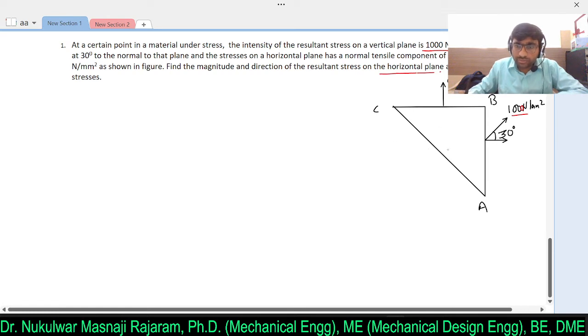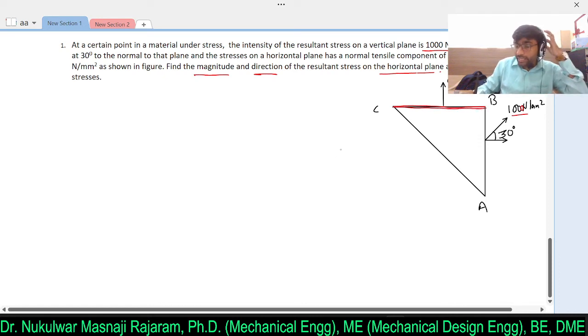Now here if you observe, two planes are given. CB is horizontal and AB is the vertical plane. So what are they asking? They are asking about the magnitude and direction of resultant stress on the horizontal plane, not on the entire body. So let me clear it for all of you.